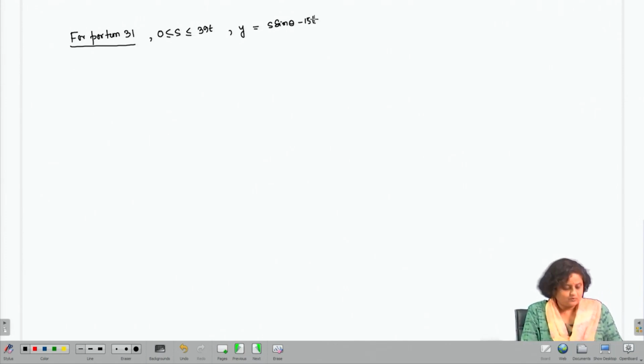So, when S is equal to 0, Y is going to be equal to minus 15t, and when S is equal to 39t, Y is going to be equal to 0. So, this seems to be okay.